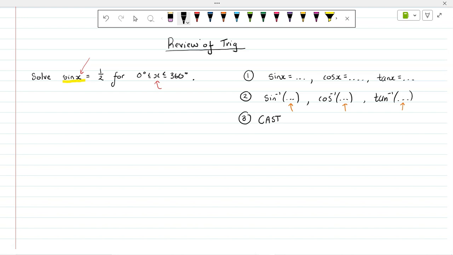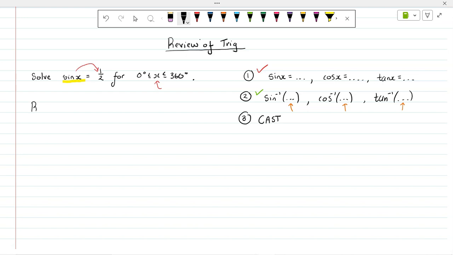So we're going to use this as an example. We already have sine x is equal to a half. So in step 1, on the right side, we already have sine by itself, so that's all good. The second step is to arc sine. Remember, arc sine is just taking sine to the other side of your equation, pretty much.